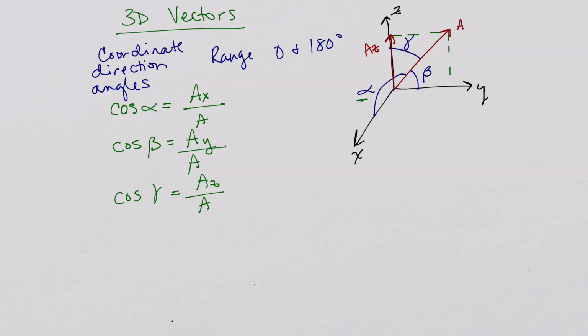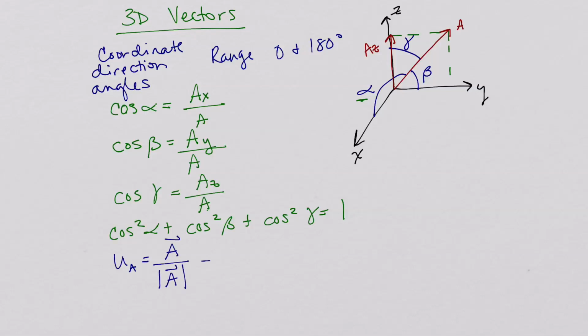And then an important relationship is that cosine squared alpha plus cosine squared beta plus cosine squared gamma equals 1. Sometimes that'll be the fourth equation that you can get to. And then the unit vector, UA equals A over the magnitude of A. And so we can figure that out.